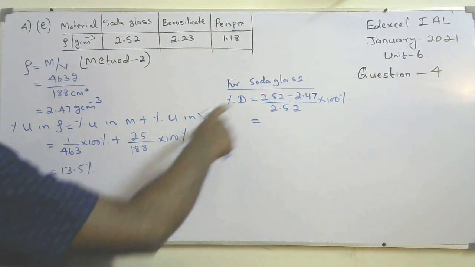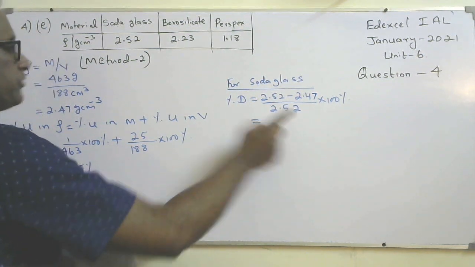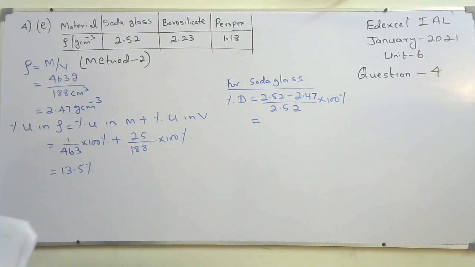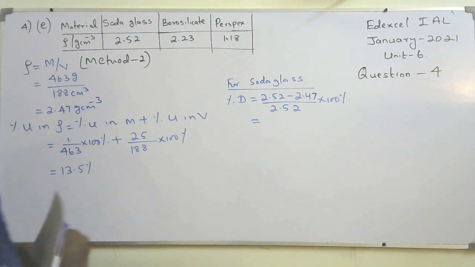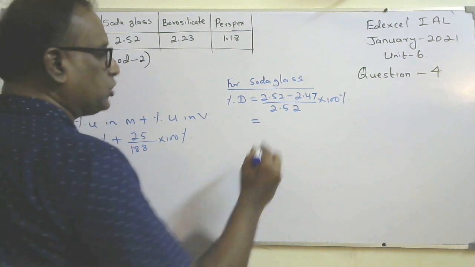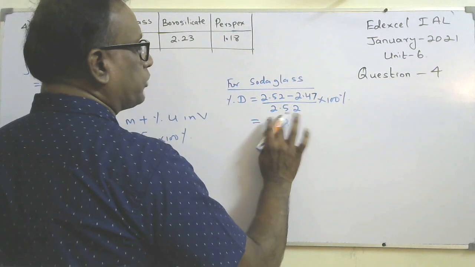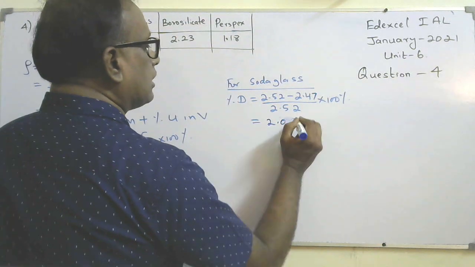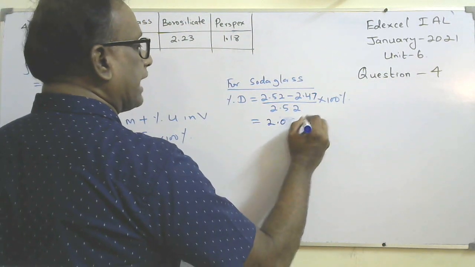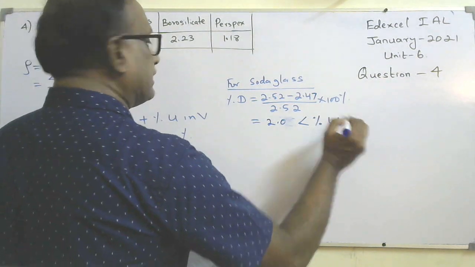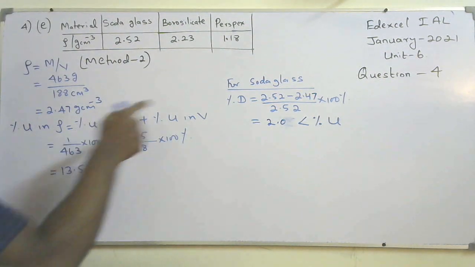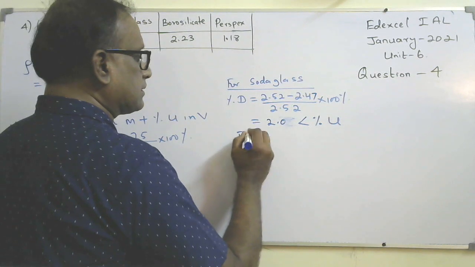Okay, so 2.52 minus 2.47 over 2.52, giving 2.47 in 3 SF as the final answer. This percentage difference will be 2%, which is less than the percentage uncertainty of 13.5. So it could be soda glass.